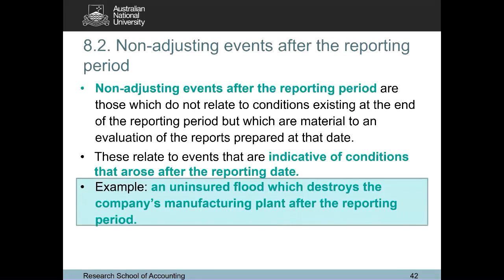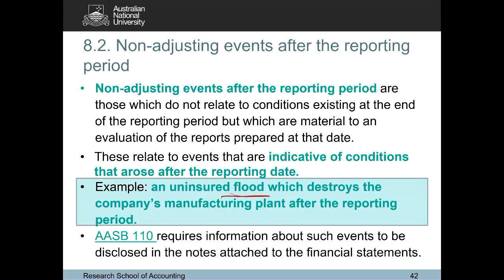For example, there is a flood which destroys the company's manufacturing plant after the reporting period. It's unpredicted, and you haven't done any estimation, so that will be just something you disclose in your notes. You don't need to adjust any balance, any amount, or reclassify any items. So you just disclose them in the notes. That's it.